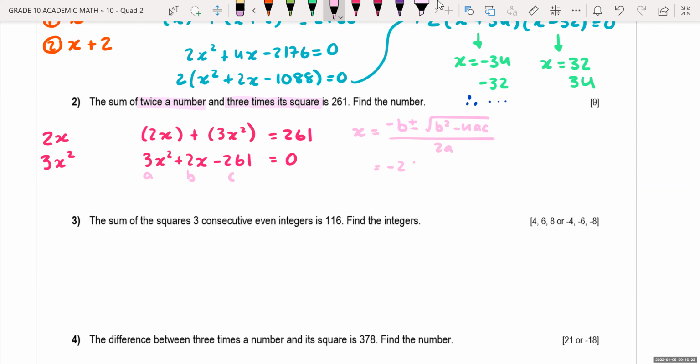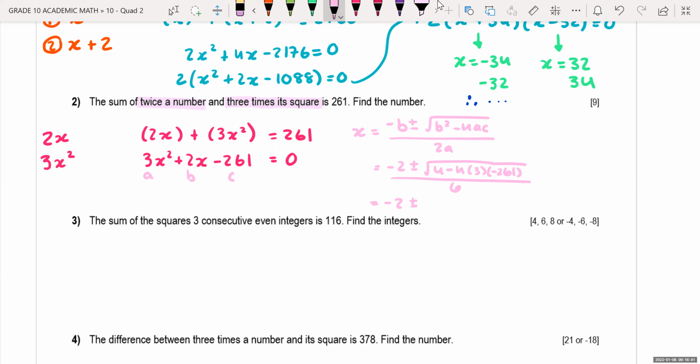It's going to be -2 plus or minus the square root of 4 minus 4 times 3 times -261, all over 3 times 2, which is 6.